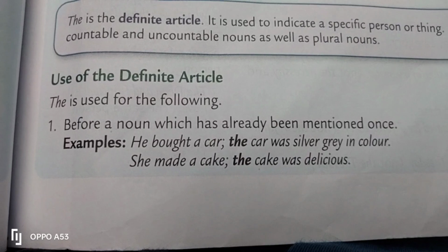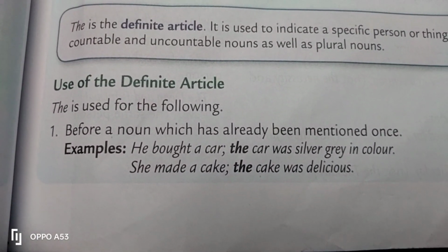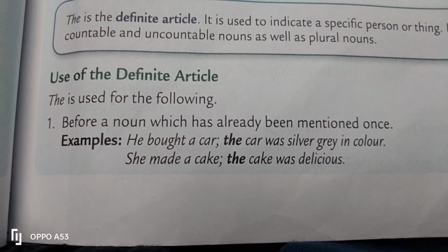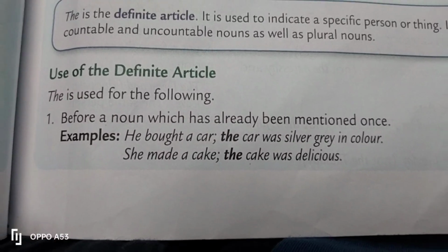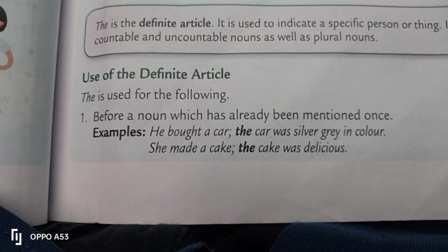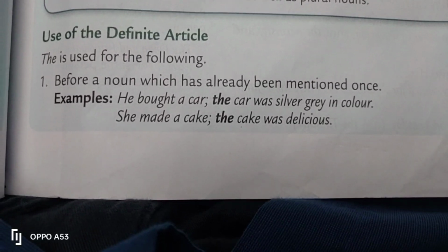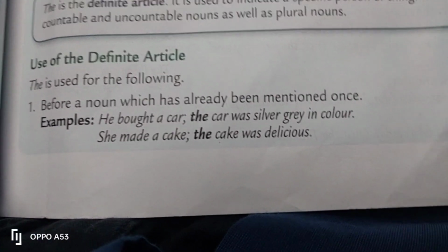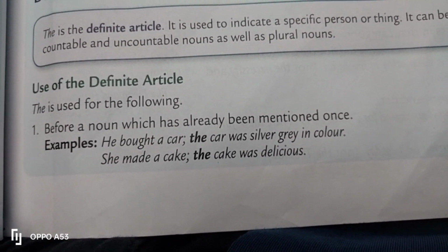Then when you want to mention the same noun for the second time, it is going to be different. That is why the rule here is: before a noun which has already been mentioned once. That means you have already mentioned the noun with an indefinite article and you want to mention it once again, so you will have to use the definite article the.